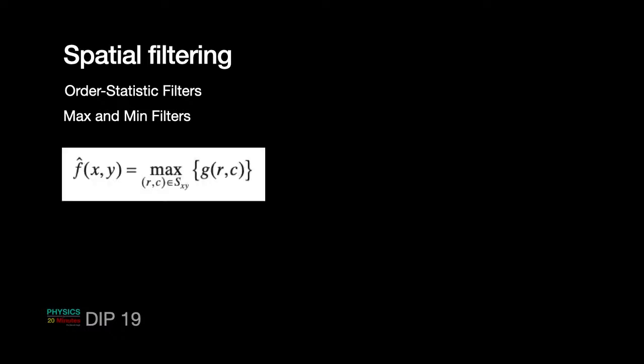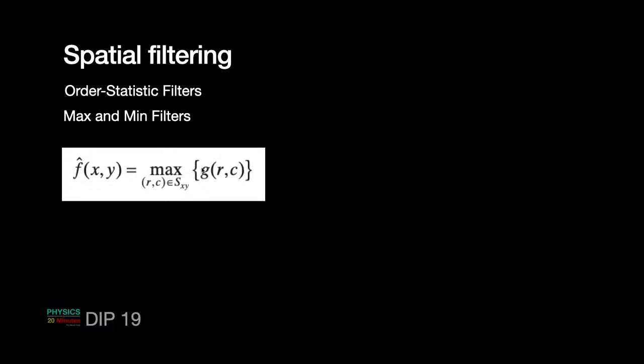Another order statistics filter is the maximum filter and minimum filter. So remember, once you have ordered your neighborhood in a statistical manner, just as you derive the median filter, you can also derive the max and min filter.